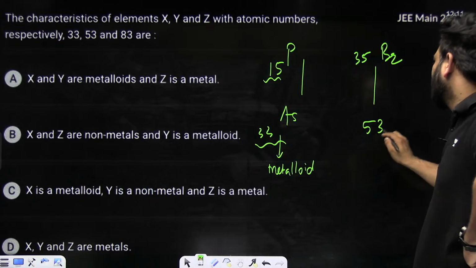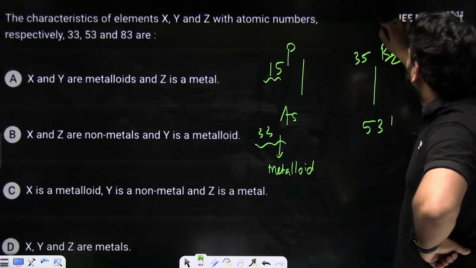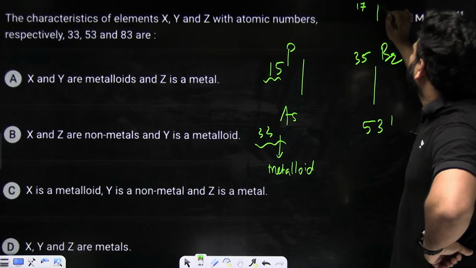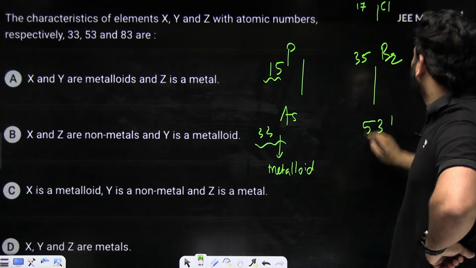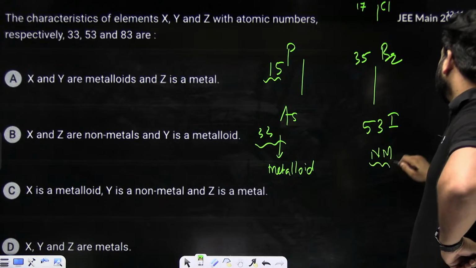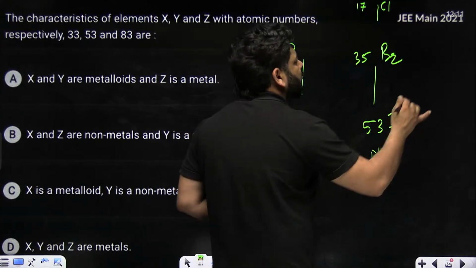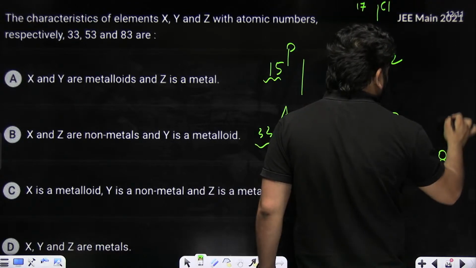And it's a non-metal. Then this is bromine. Removing 18 will become 17, which is chlorine, and this is a non-metal actually. Bromine, this is the iodine, and it's a non-metal. And the remaining one is 83. So out of 83, you have to subtract 32.